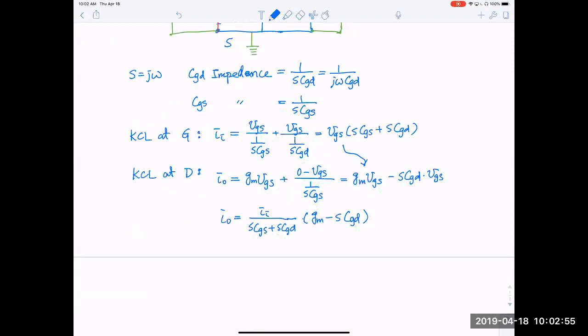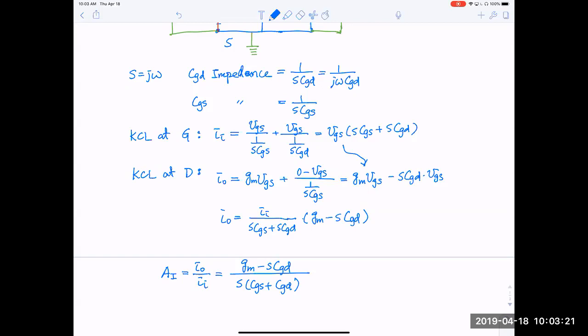So our current gain, Ai, current gain is Io over Ii. So this is simply equal to gm minus sCGD, okay? And this is over s times CGS plus CGD, okay? Any questions here?